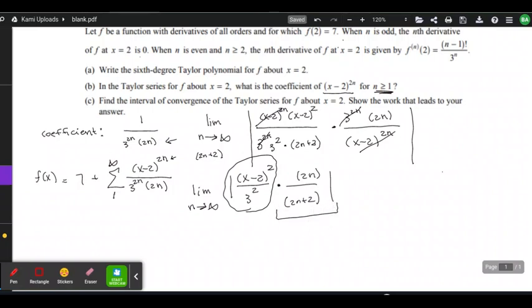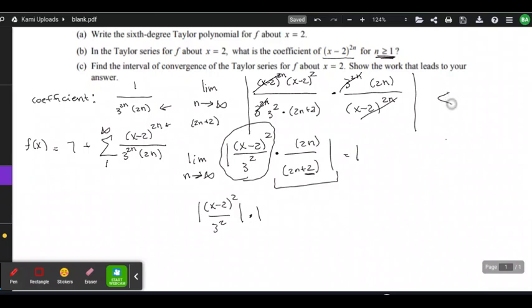And remember, with 2n over 2n plus 2, we can forget about this 2 because as n goes to infinity, it becomes not that important. So the limit of 2n over 2n is going to give us 1. So we have x minus 2 squared over 3 squared times 1 as the answer of our limit. And when a ratio test converges, it has to be less than 1. So this has to be less than 1. Solving for x, we're going to have x being between -1 and 5.